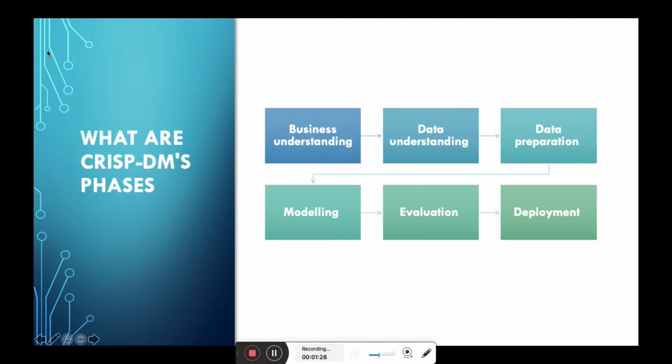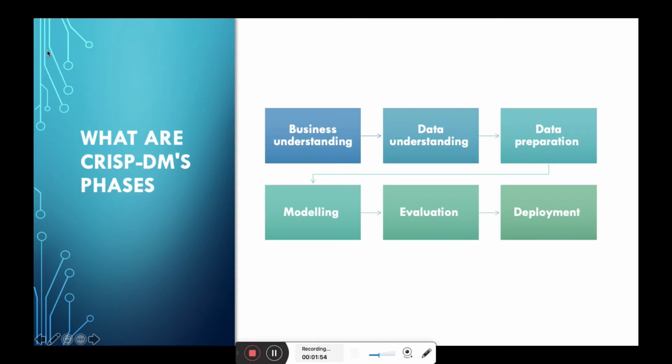Right, so here are the CRISP-DM phases. First is business understanding. Second step is data understanding. Stage 3, data preparation. Stage 4, modeling. Stage 5, evaluation, and stage 6 is deployment. So this is the basic CRISP-DM model.